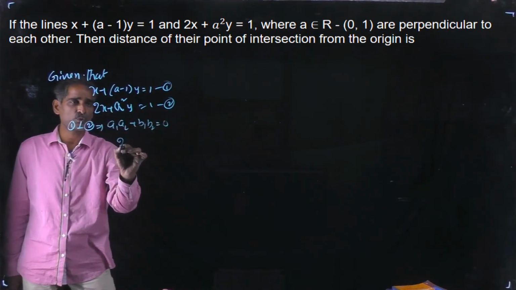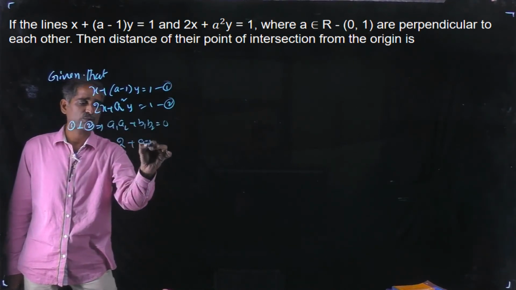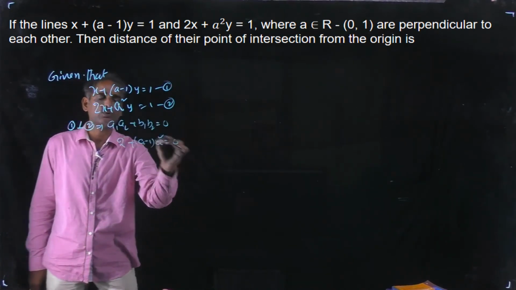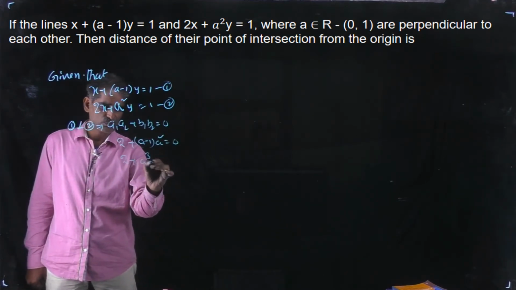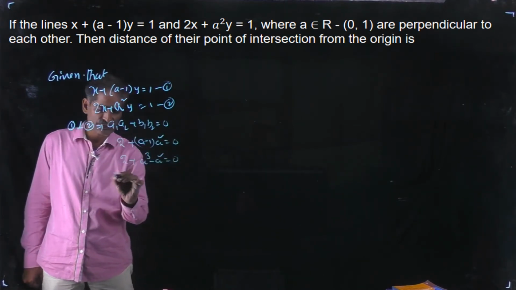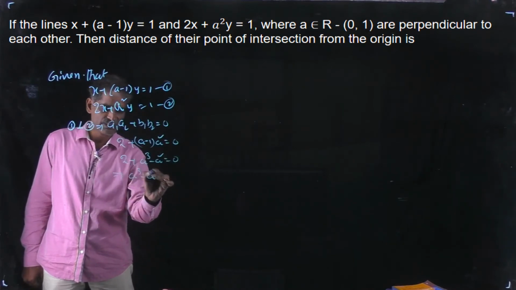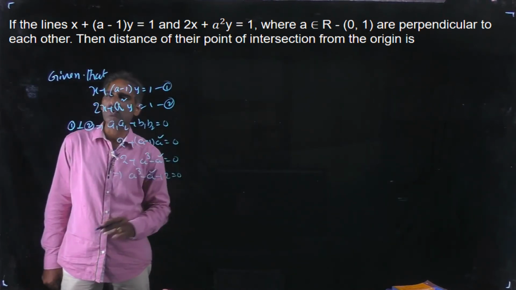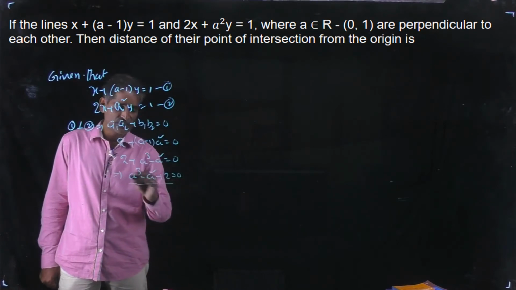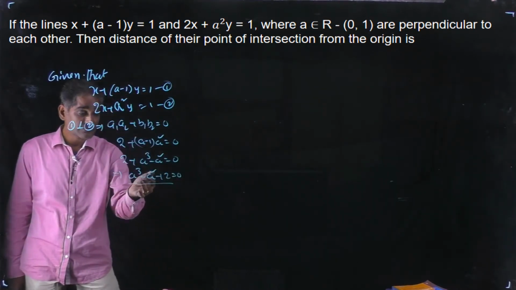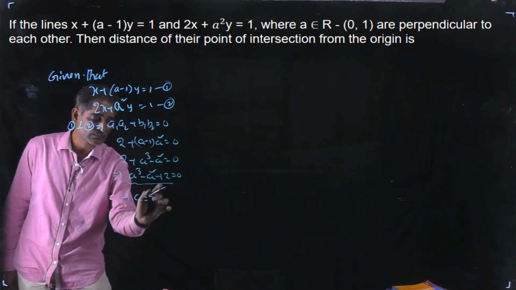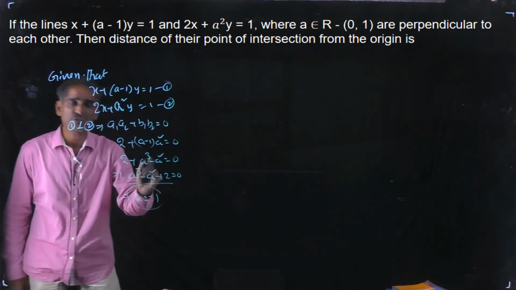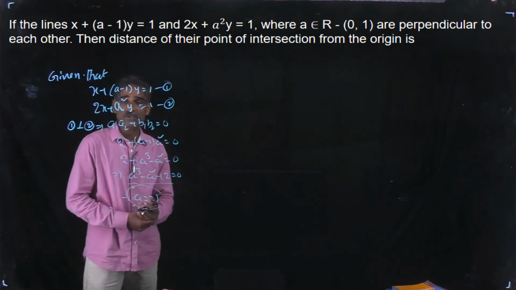It means 1 into 2, plus (A minus 1) into A squared is equal to 0. Therefore, 2 plus A cubed minus A squared equals 0. This implies A cubed minus A squared plus 2 equals 0. Just observe that this equation is satisfied only by A equal to -1. From this equation we will get A equal to -1.